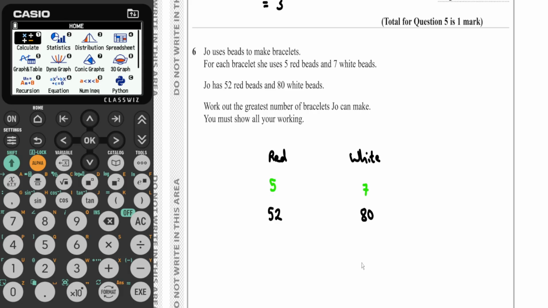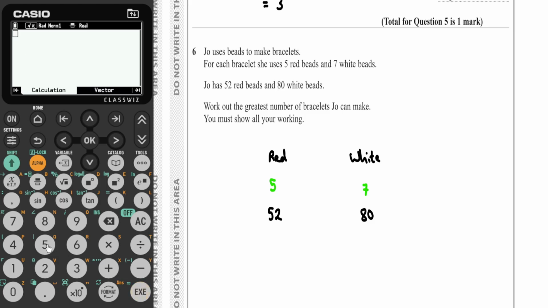So what we can do is find out how many bracelets would get us to 52 for red and how many would get us 80 for white. And we can do that by dividing. Here we can do 52 divided by 5. So let's work this out. 52 divided by 5, that's 10.4.